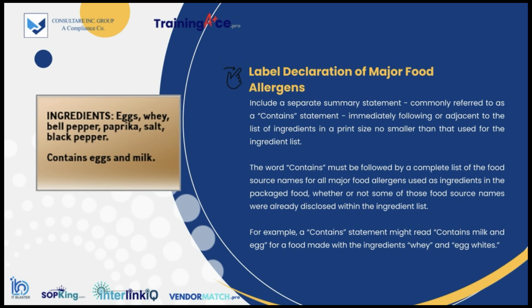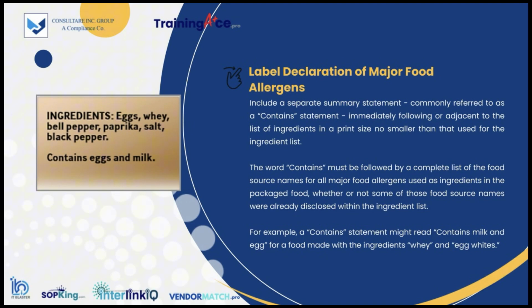Label declaration of major food allergens includes the separate summary statement, commonly referred to as the contains statement, immediately following or adjacent to the list of ingredients in a print size no smaller than that used for the ingredient list.